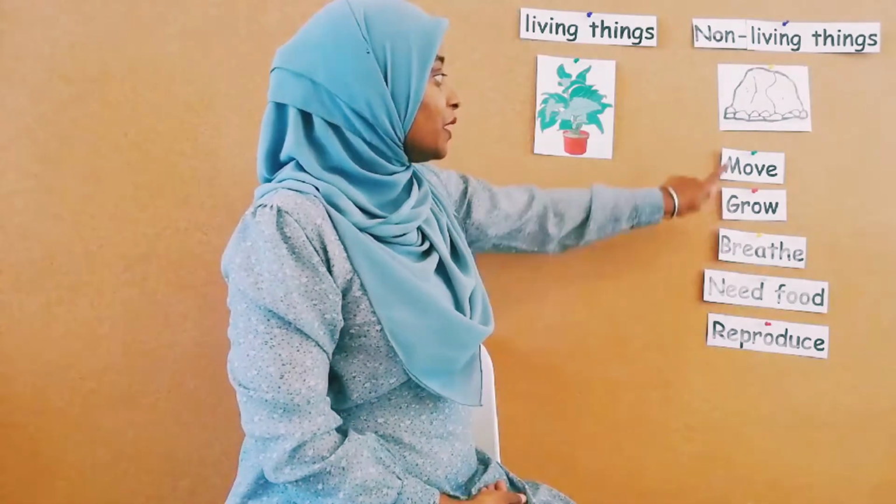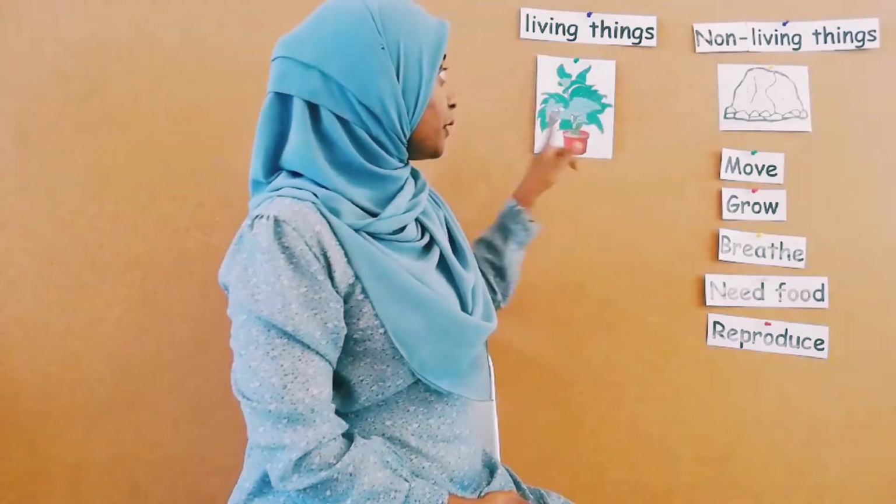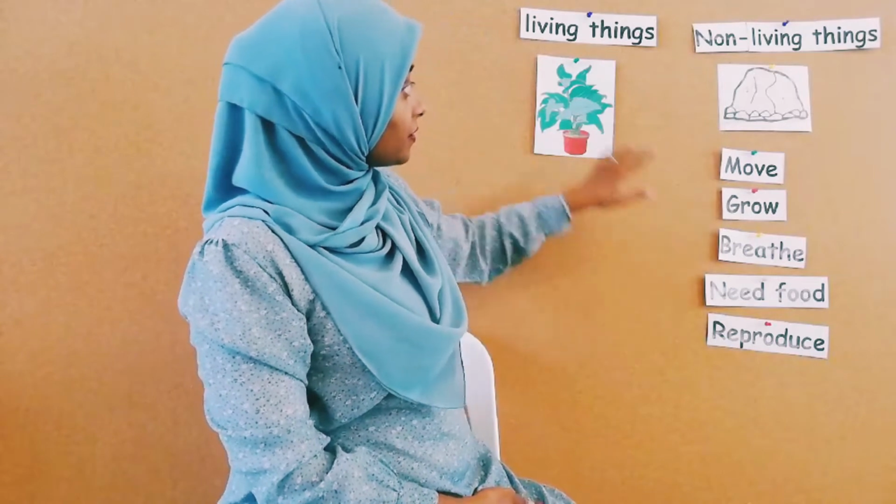Does this object reproduce? Do rocks have babies? No, right? So if an object does not do all these things, we say they are non-living things. And if an object does all these things, they are living things. That's an easy way to identify living things and non-living things, right?